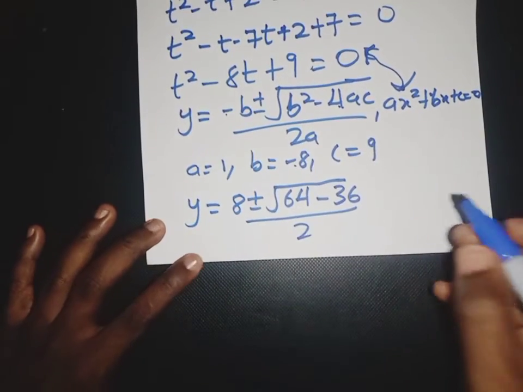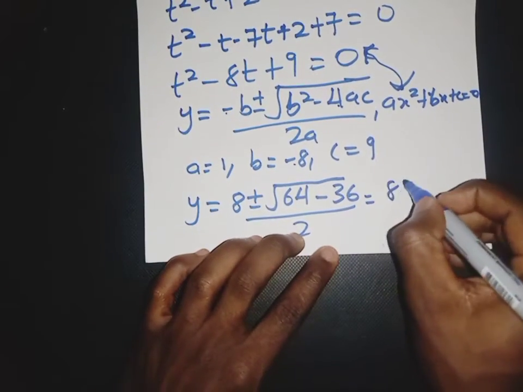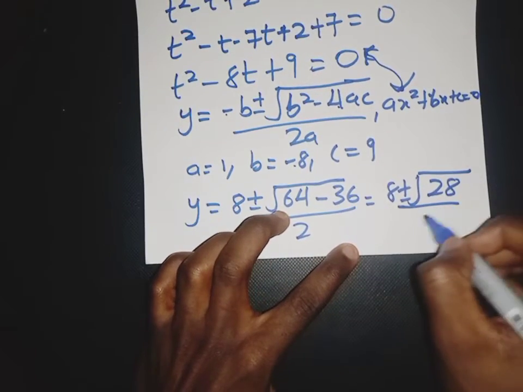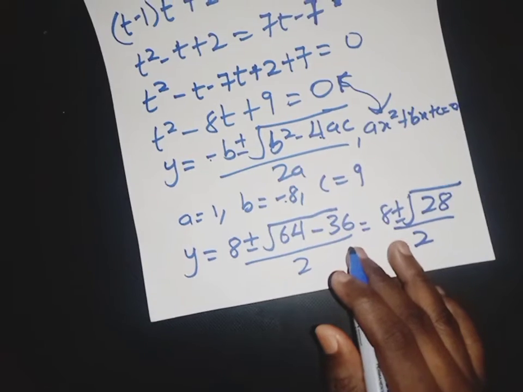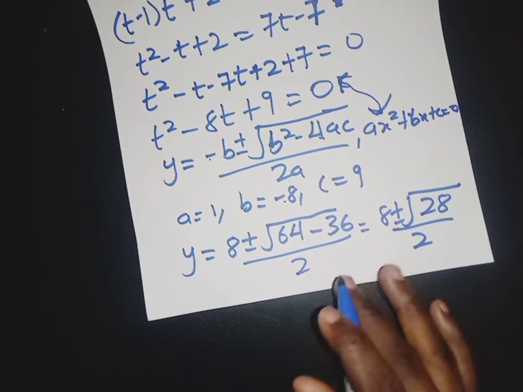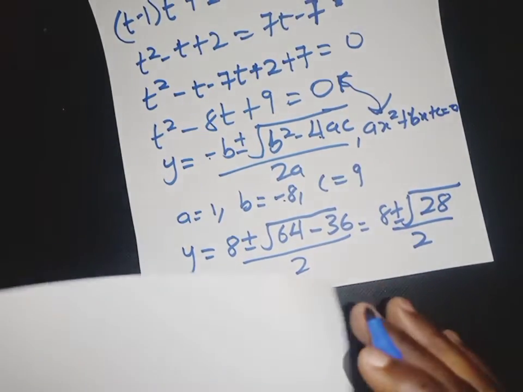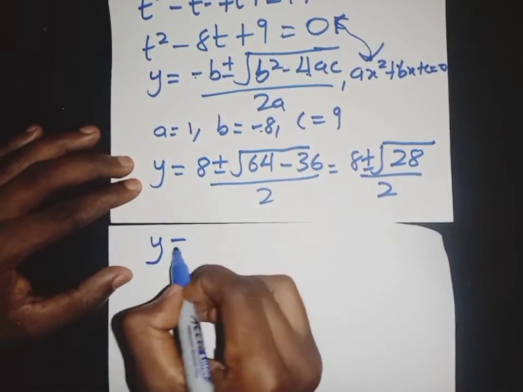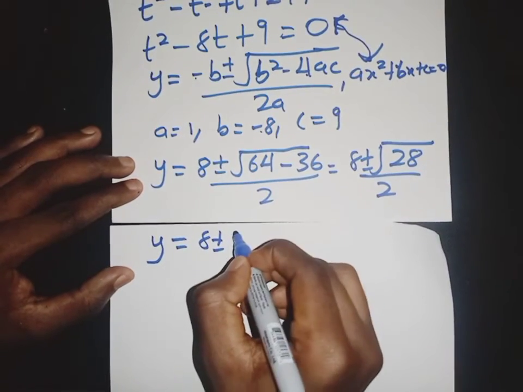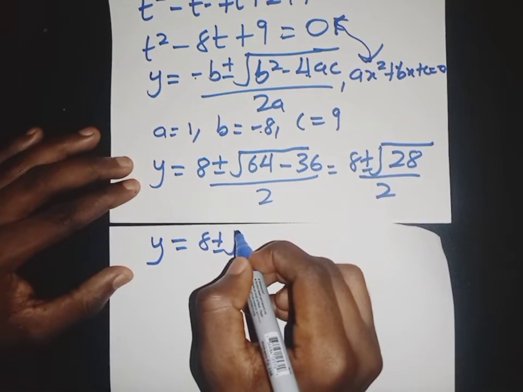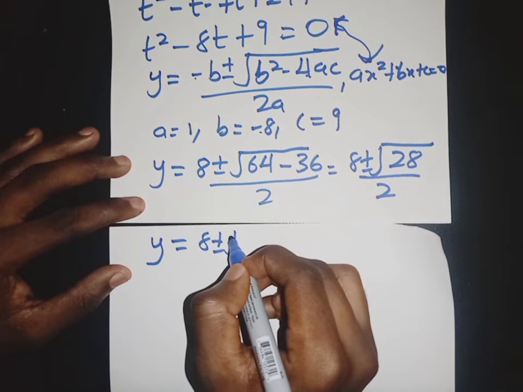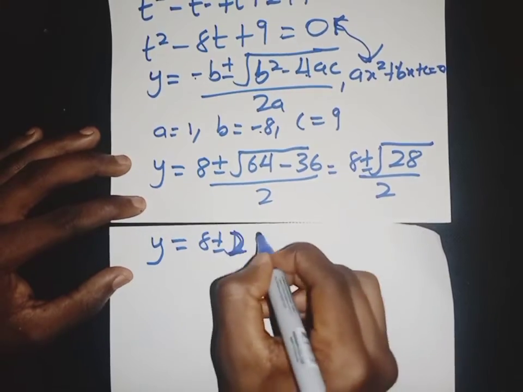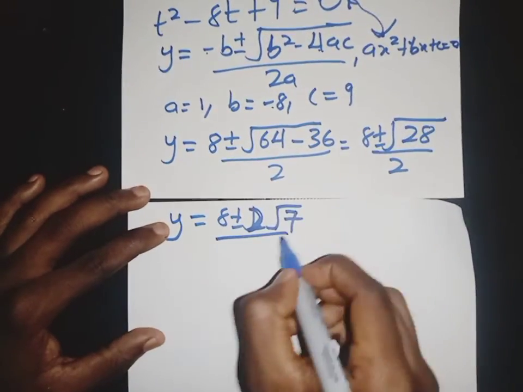So we have 8 plus or minus the square root of 28, divided by 2, and then we can simplify this further. 28 is the square root of 7 times 2, so we have 2 root 7 divided by 2.